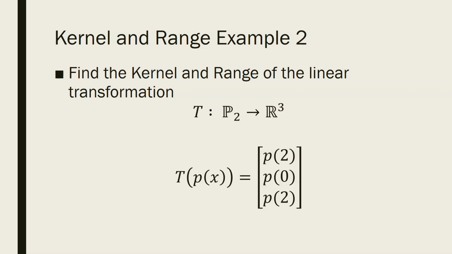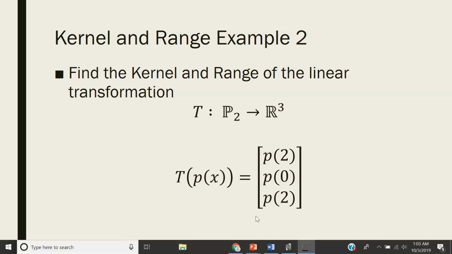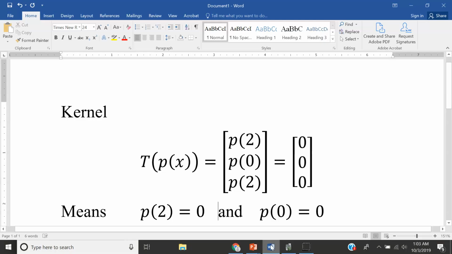I want you to think through what the kernel would look like here and what the range would look like here. Push pause, see if you can think through this. This one's a little trickier. All right, so let's go to the Word document and think through this.